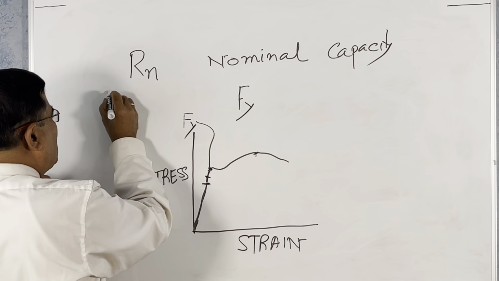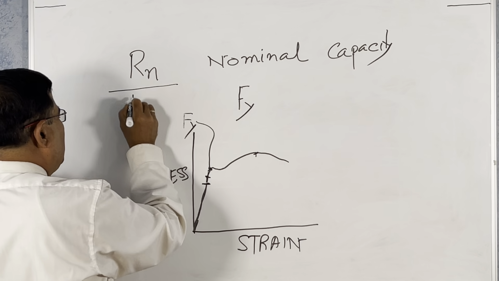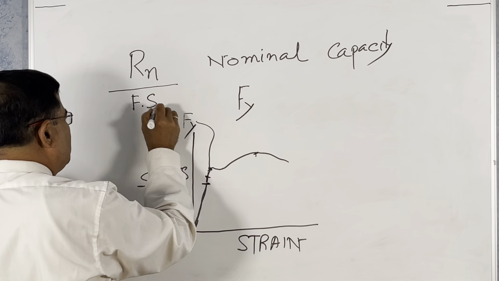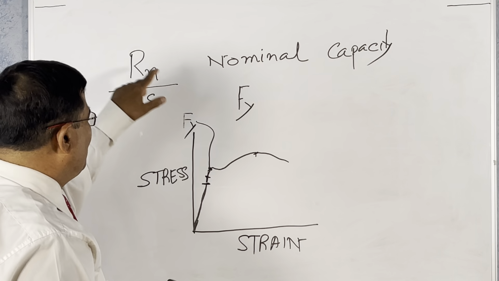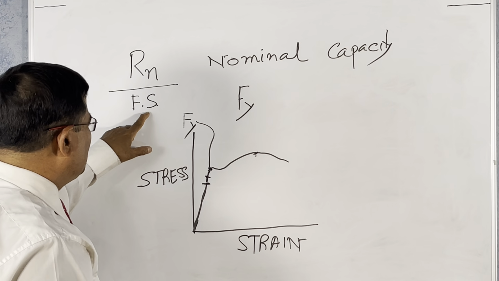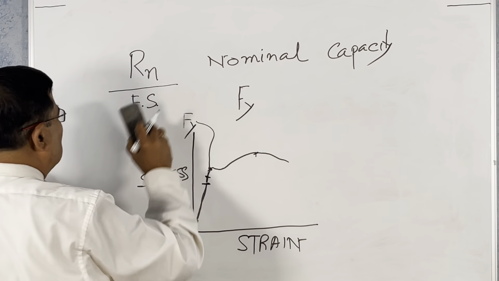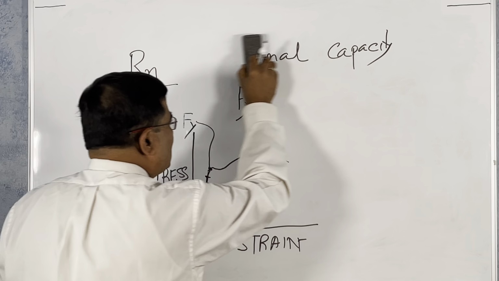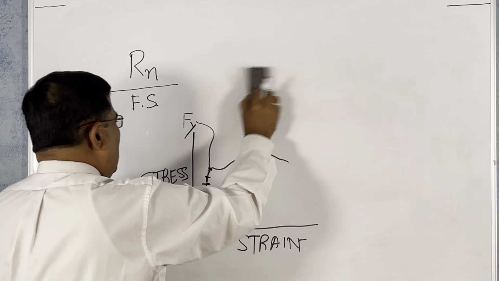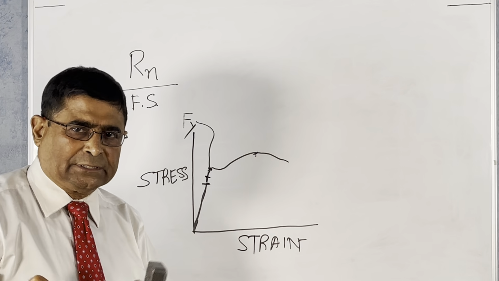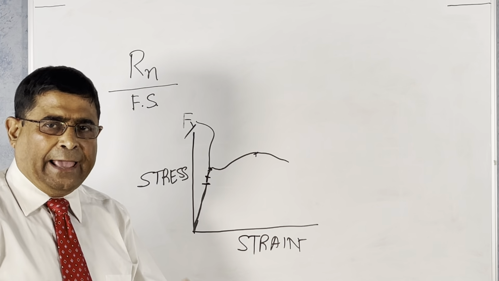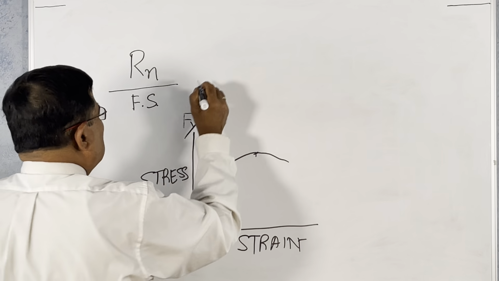what happens in working stress design? You divide it by a factor of safety. This is the nominal capacity, now there is the factor of safety. If you divide, it becomes not a nominal capacity, now it becomes the capacity of the section against any forces, moments, shear, axial, whatever you call it. This is the capacity now.